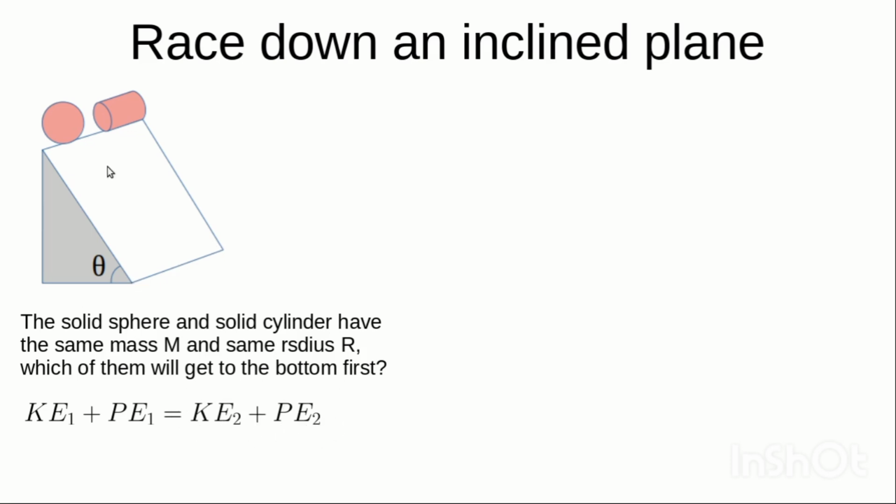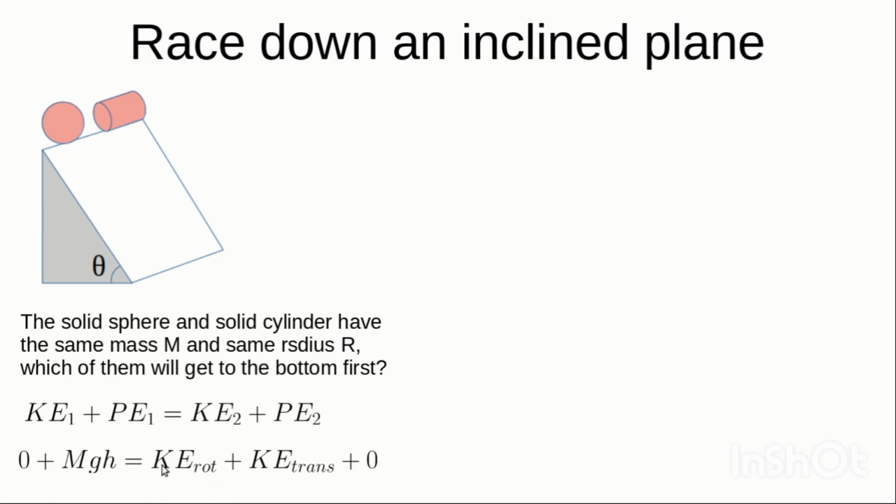Then the kinetic energy for both, because it involves rolling, has rotational and translational kinetic energy. So we'll split our kinetic energy into two. This is what we have: the kinetic energy at point 1 is 0, the potential energy at point 1 is mgh, equal to the kinetic energy at point 2, which is split into rotational kinetic energy and translational kinetic energy, while the potential energy at point 2 is 0.